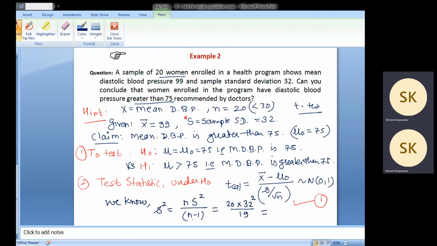So if you solve this, you'll get the value of the sample mean square. So 20 into 32 square, divided by 19. This value comes out to be 1077.89. Okay.